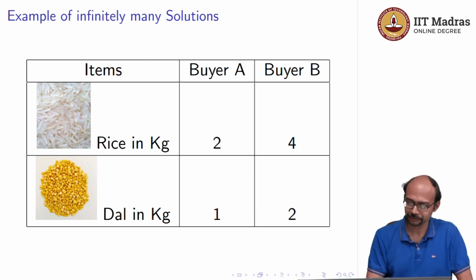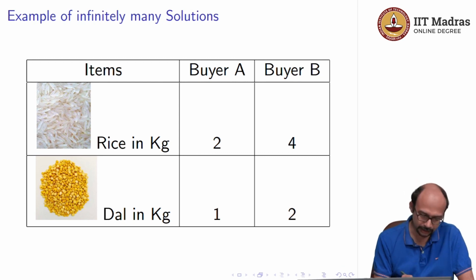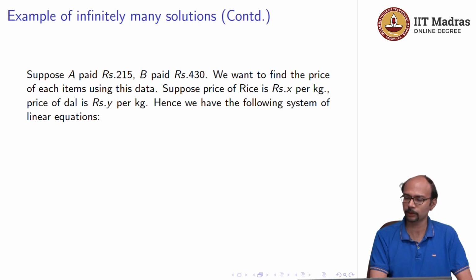Suppose we have 2 buyers, A and B. Buyer A buys 2 kgs of rice and 1 kg of dal. Buyer B buys 4 kgs of rice and 2 kgs of dal. They pay 215 rupees and 430 rupees respectively. As in the first example, we want to find the price of rice and the price of dal.